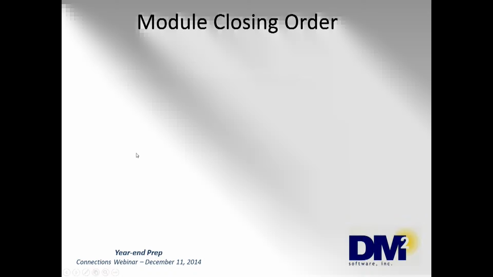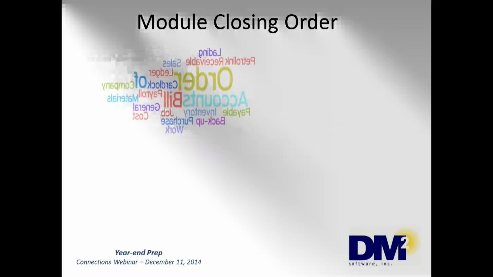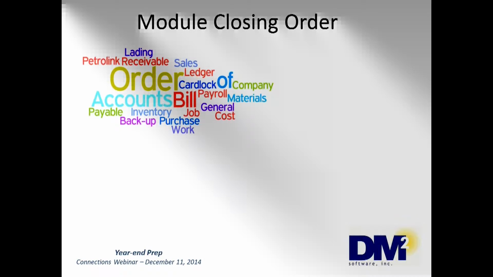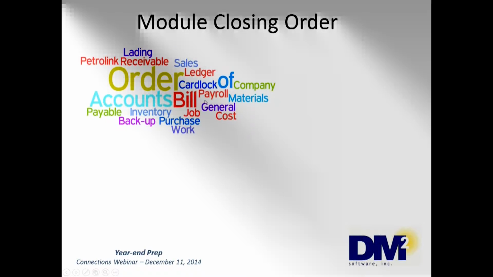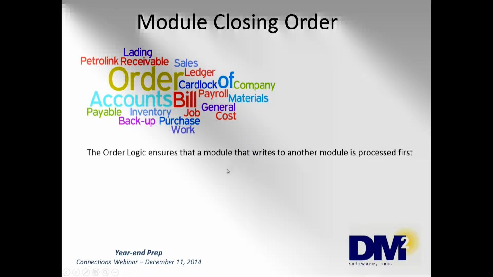So, the module closing order. Unless you know what that order is, this is sometimes what it could look like. What order do you do? This is a really good example of not really knowing what that order is. What an order logic does is make sure that a module that writes to another module is processed first.